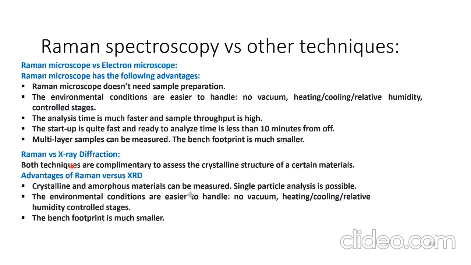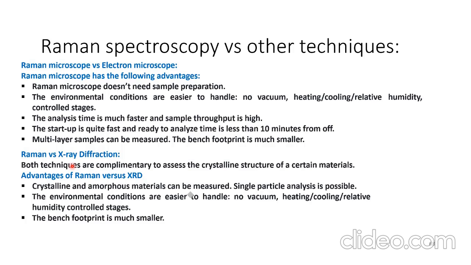So, Raman spectroscopy versus other techniques. Raman has very good advantages, but it will be different for different techniques, obviously. The Raman microscope does not need any sample preparation, as I have already told. The environmental conditions are easier to handle. There is no vacuum, no heating.